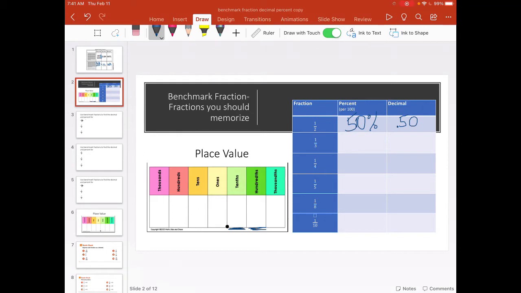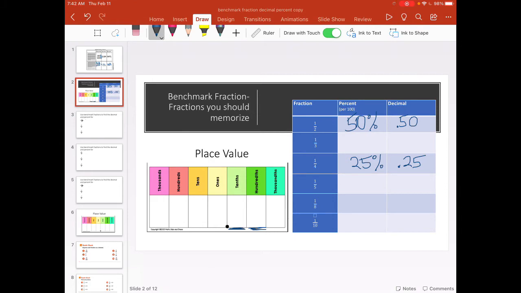If I cut 100 into fourths, again, I'm going to think money on this one. $1 is 100 pennies. We want 100 for percent. If I'm thinking about my coins, 1/4 of $1 would be 25 cents. And therefore that would be 25%.